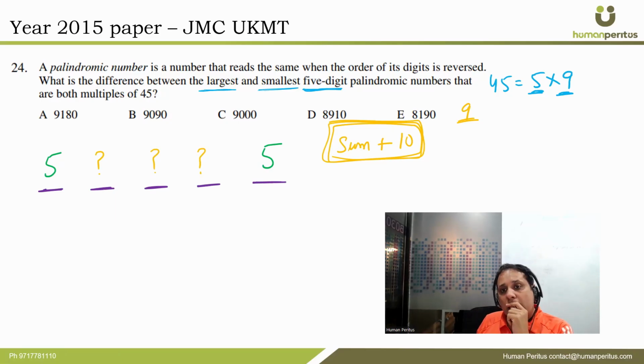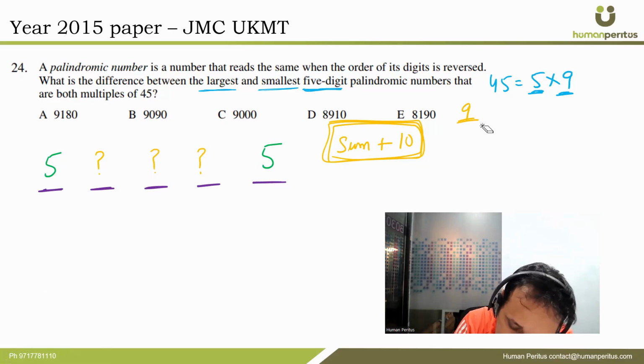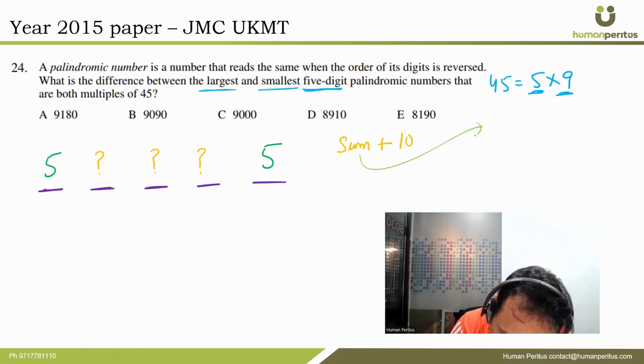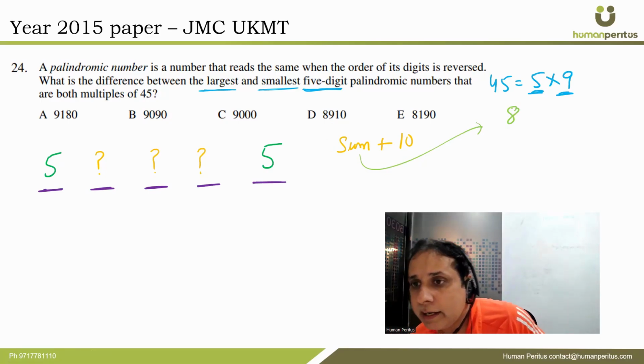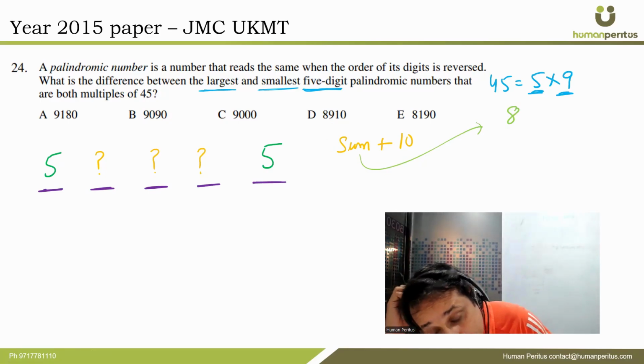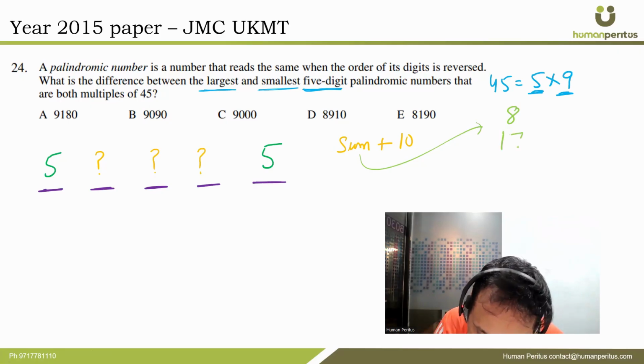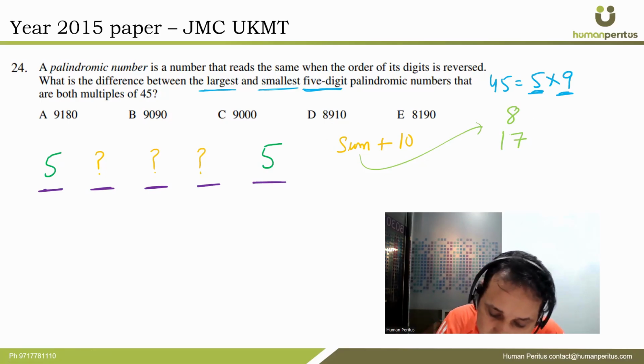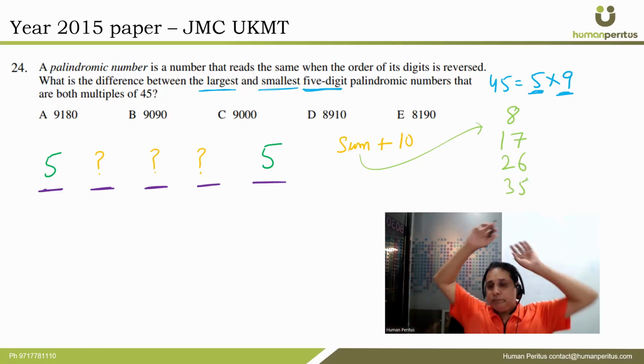The number higher than 10 which is divisible by 9 is 18. So the value of this sum can be 8, because then it becomes 18. Then this sum can be 17, 26, 35 and so on.